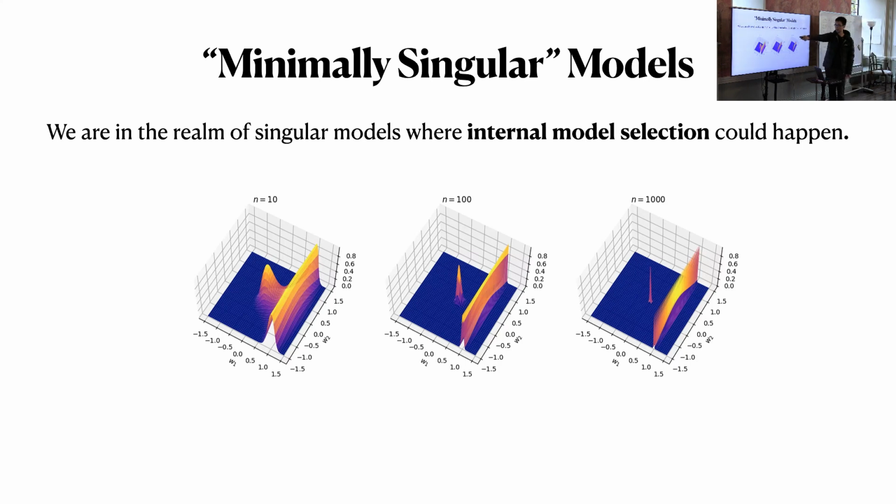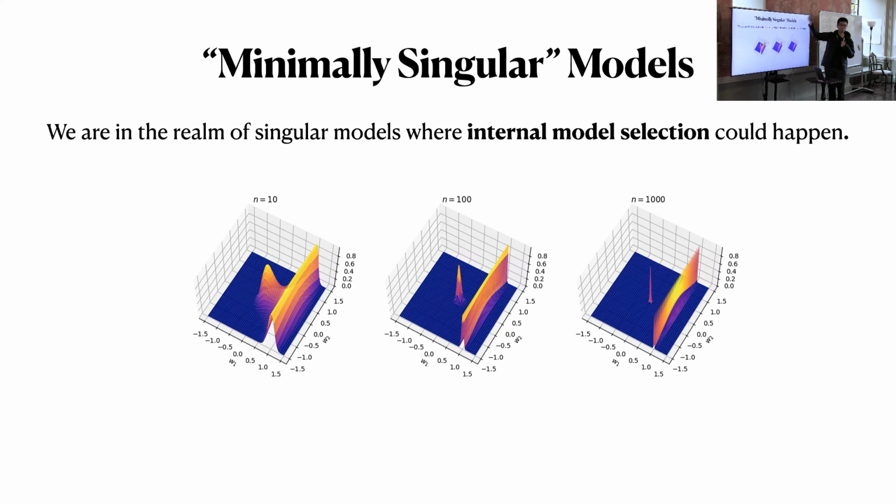As n increases, everything else away from the minima gets exponentially suppressed. So I'm pulling e to the negative nL there, which is the integrand. But then there is also a difference in importance between things with different codimensions. So the line is more important than the point in minimally singular models.